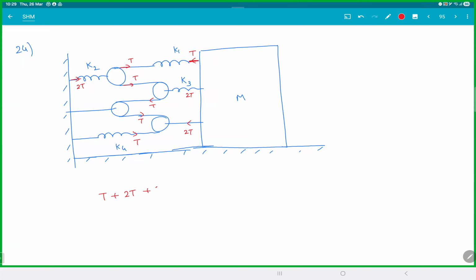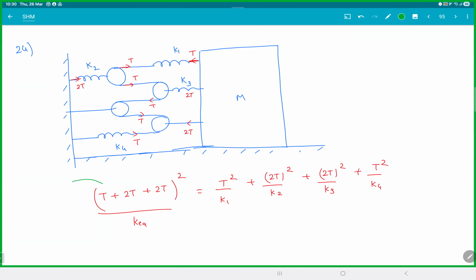So (T plus 2T plus 2T) whole square by K equivalent. Then it is standard stuff. T square by K1, (2T) square by K2, (2T) square by K3, T square by K4. So this term here is the total tension on the block.